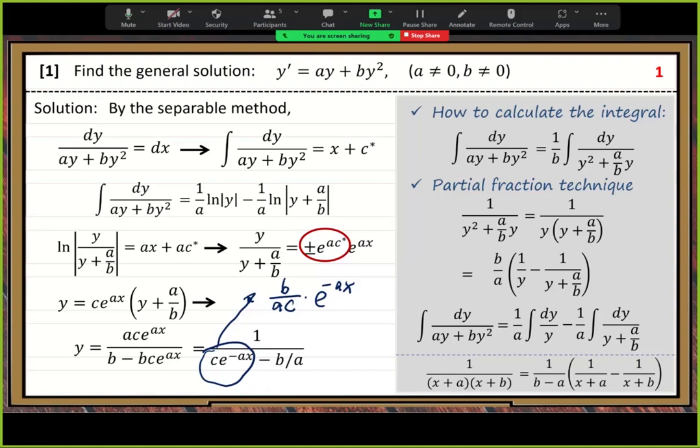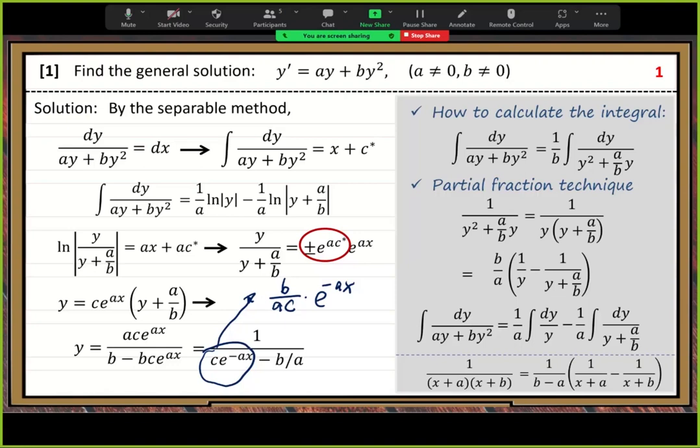C is an arbitrary non-zero constant, right? So B over AC is another arbitrary constant, right?